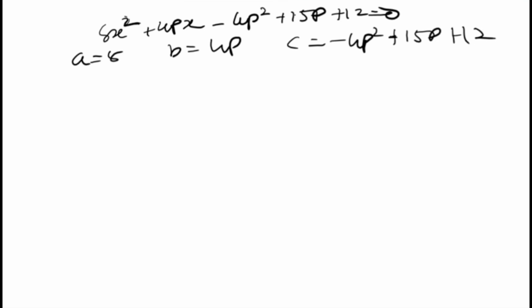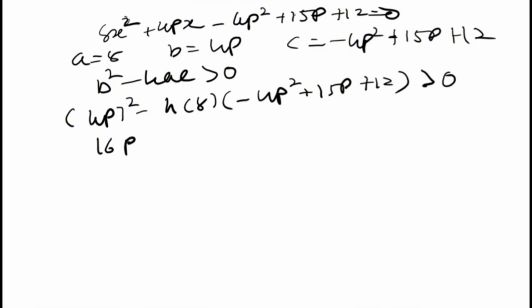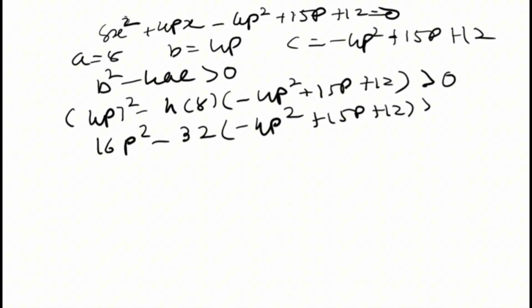Okay, I will put this as b squared minus 4ac greater than 0, because we have two distinct roots. So (4p) squared minus 4 into 8 into (minus 4p squared plus 15p plus 12) greater than 0. Simplify it. 16p squared minus 32 into (minus 4p squared plus 15p plus 12) greater than 0. I am multiplying 32 with the whole bracket.